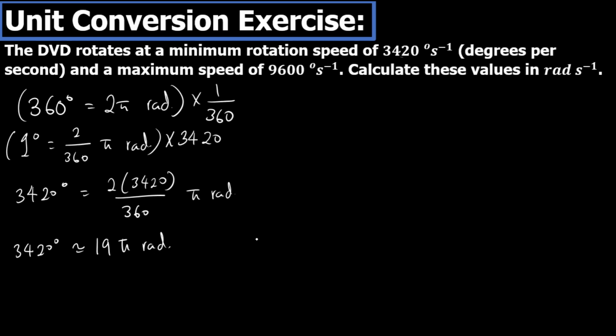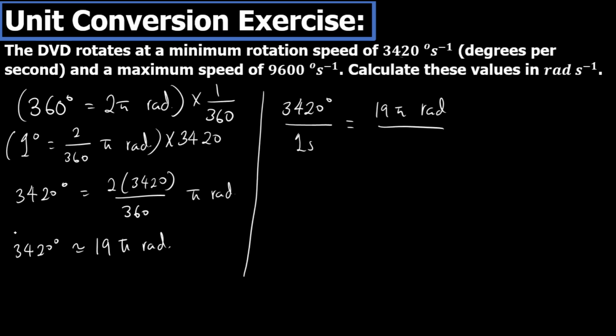Now of course that is not what is given to us. What is given to us is 3,420 degrees per second, and that would equal 19 pi radians. You divide both sides by 1 second, and what you get is 19 pi radians per second.